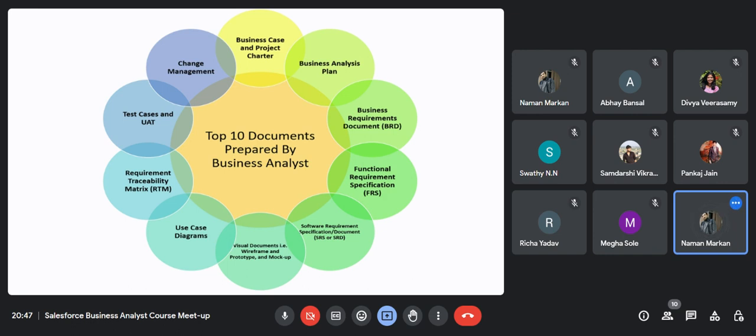Use case is basically to identify what exactly a business is all about, what exactly the requirement is all about. And it's also the easiest diagram to build because it's based on the user's interaction. Like what I am talking about right now, make sure that you are building on it.